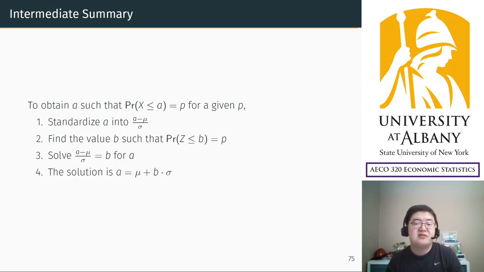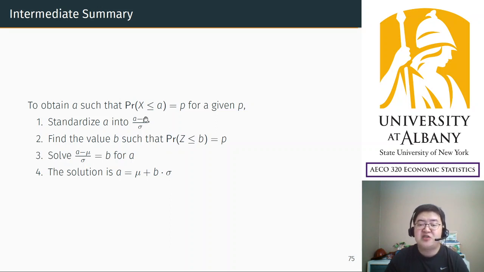To summarize, if you want to calculate A such that the probability of X being smaller than A equals P, where P is known, P is given, then standardize A into A minus mu over sigma, and then find the value B that satisfies the same probability for a standard normal distribution.